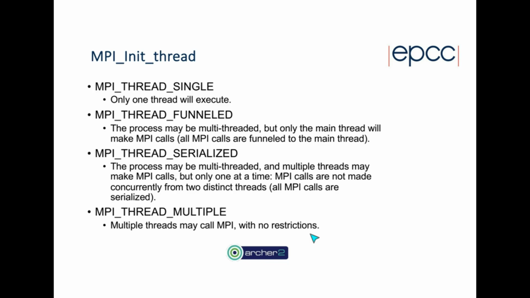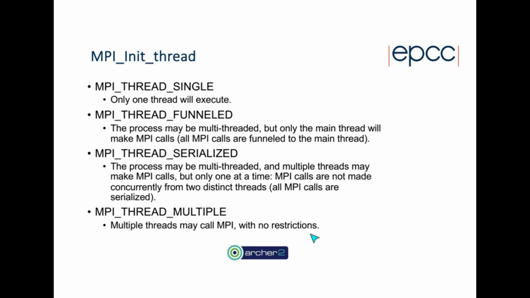The second one is funneled. It says the process may be multi-threaded, but only the main thread is going to make MPI calls. That covers both the master-only and funneled styles of OpenMP. You have to recognize that these are designed to make sense for other threading models than OpenMP, where the concept of a master thread isn't necessarily as clear.